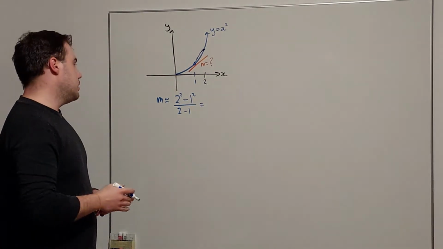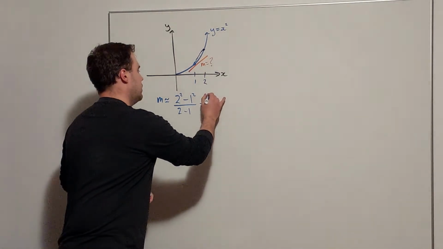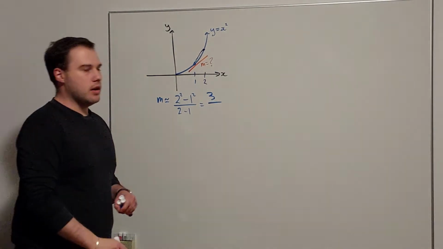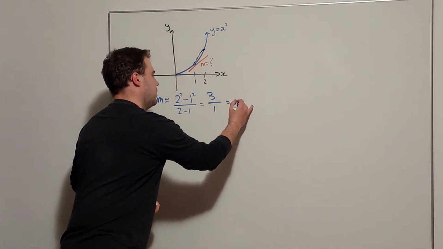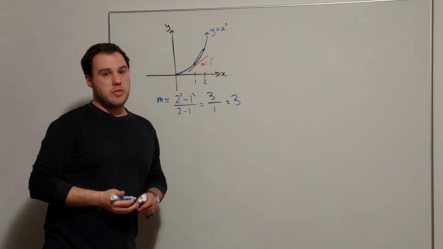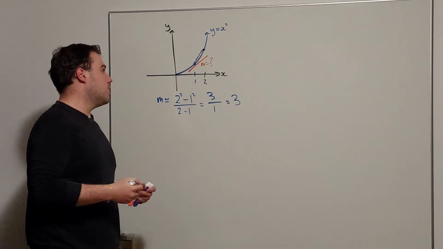And so if we calculate this, on the numerator we're going to get 4 minus 1 is 3. And in the denominator, we're going to get 2 minus 1, which is 1. And 3 divided by 1 is 3. All right. So that might be an all right approximation.